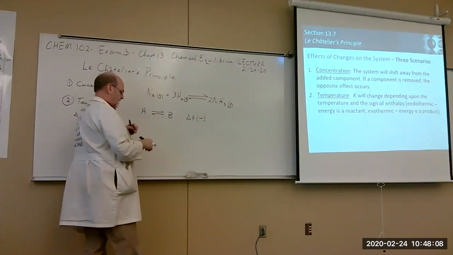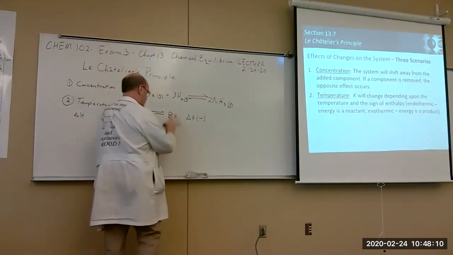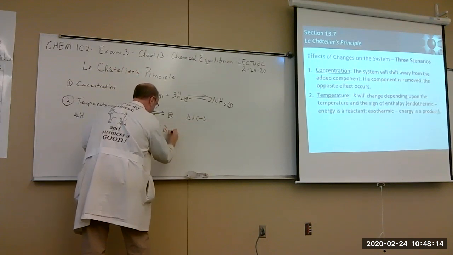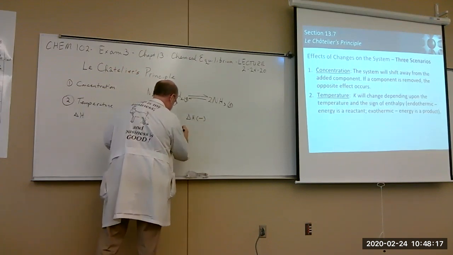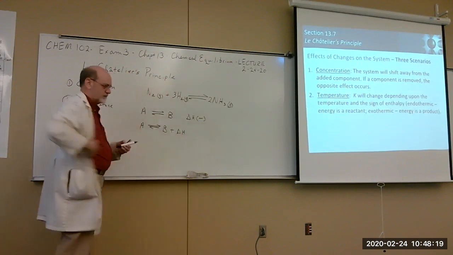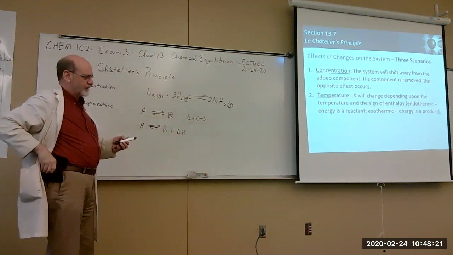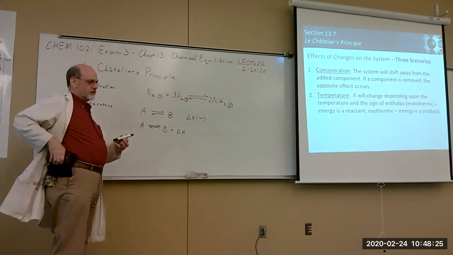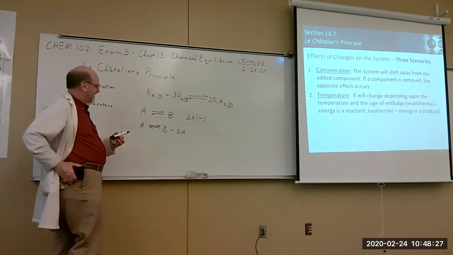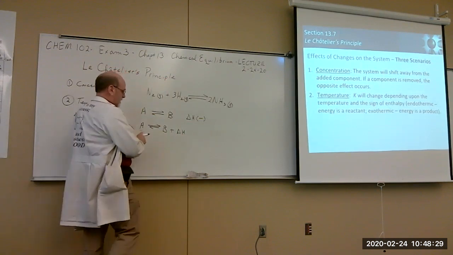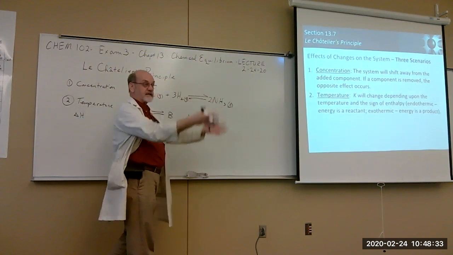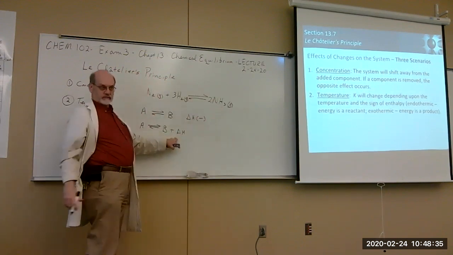So what happens, here's the way I like to look at it. For this one, write it like this. Plus your heat. I'm due for another dose of coffee. So if the heat is released, it's one of the products, right?